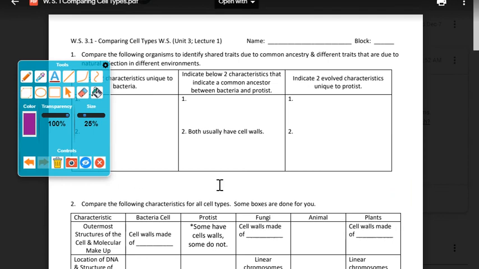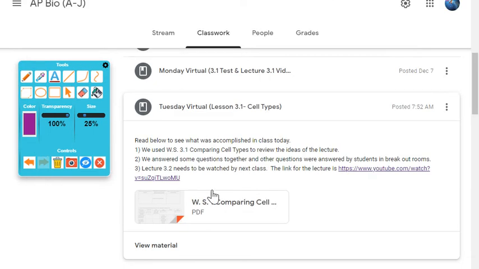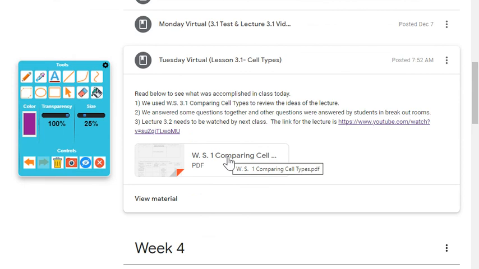It would be nice if one person could share their screen. In Google Classroom, you have this. You can open it up in Google Docs and draw on it if you need to. Like I said, more brains are better than one. So work together to get that finished, and I'll be in and out of your rooms.